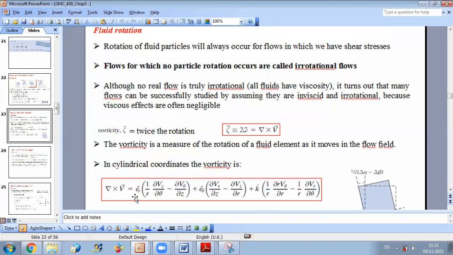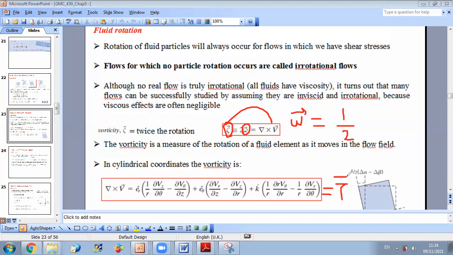And from this definition, we can deduce the expression of vorticity in polar coordinates by just multiplying omega by 2, because curl V is directly the vorticity, while to get omega, I should take half of the curl V. So this expression will directly give you the vorticity vector.